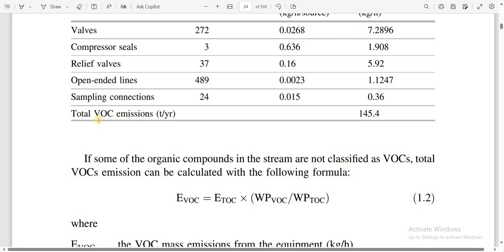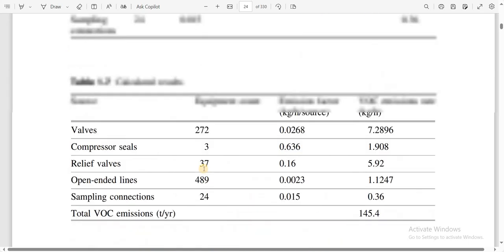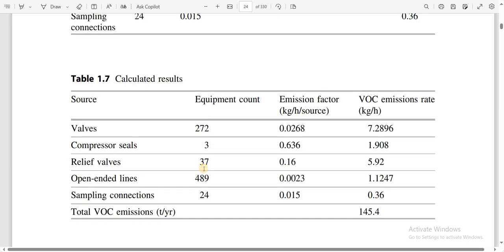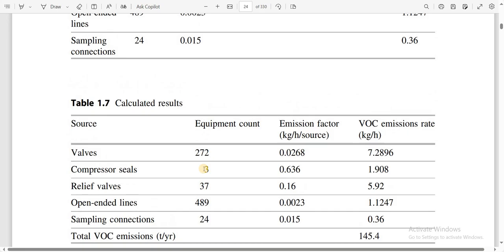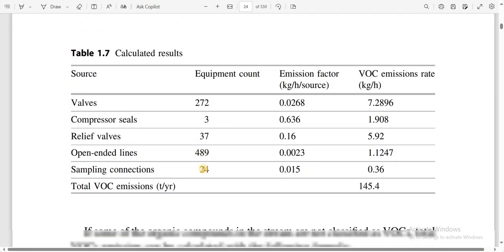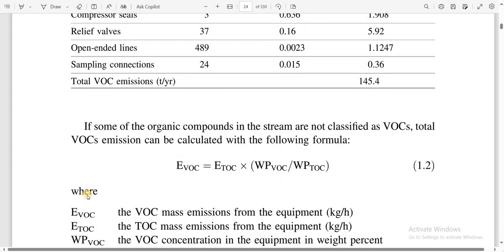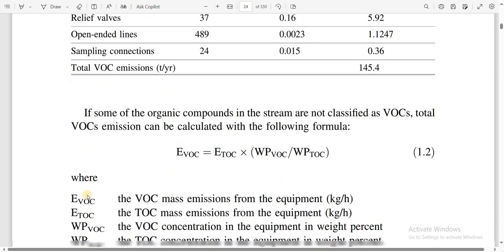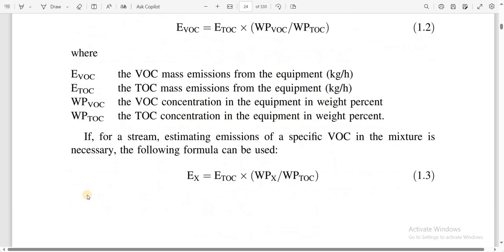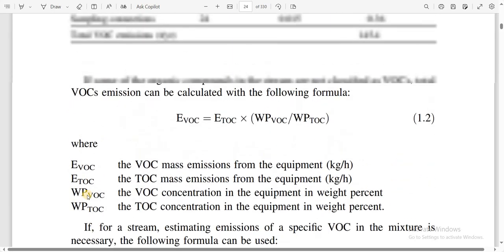Total VOC emission in tonnes per year. What is T? T per year. Let's not go into it. Okay, we might find it later in this chapter.